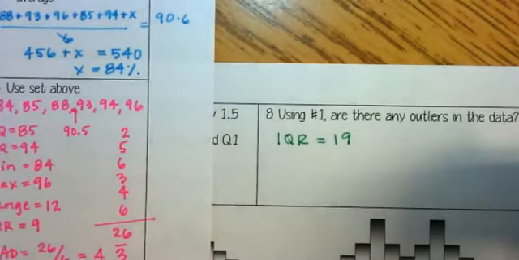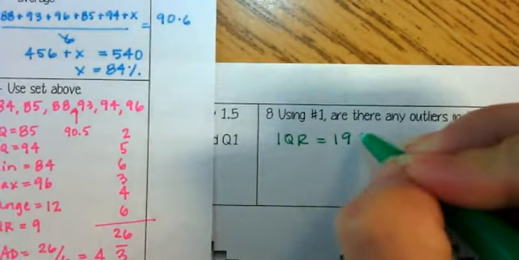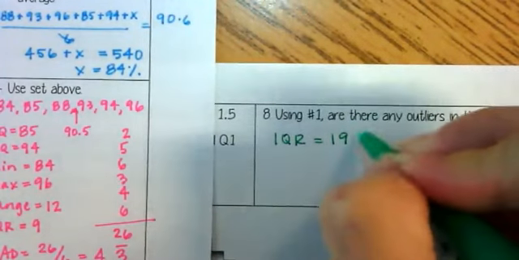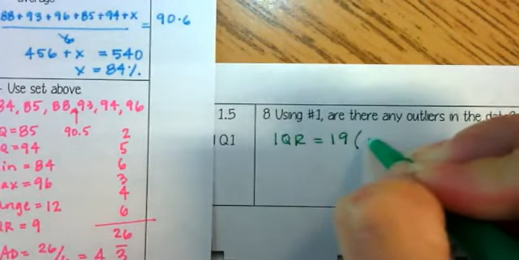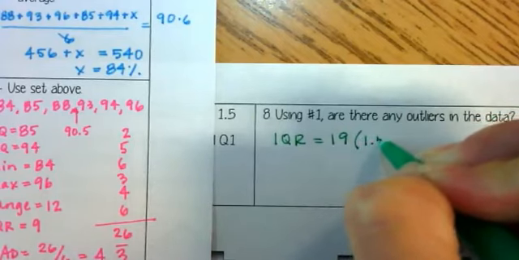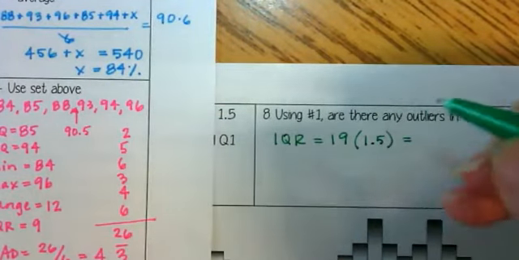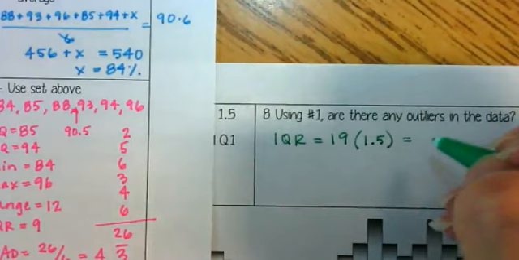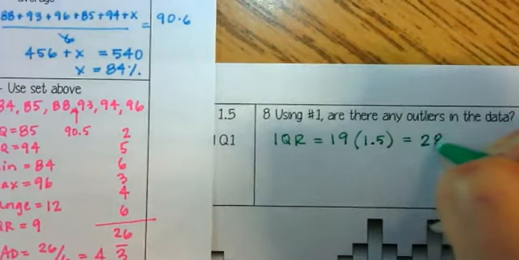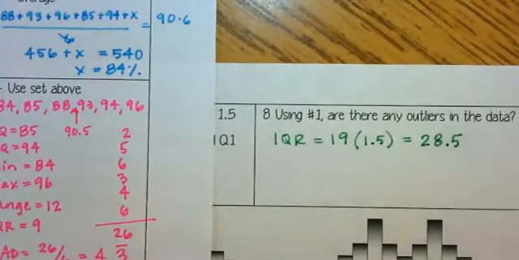So now we're going to take that 19 and multiply that by 1.5. And that's where the 150% comes in. So if we multiply that by 1.5, that would be 28.5. All right, so 28.5 is our magic number.